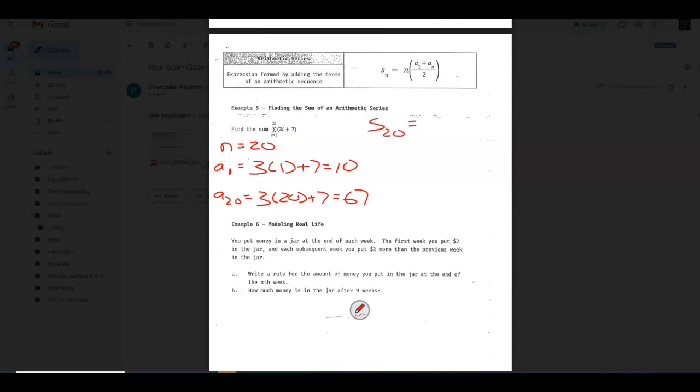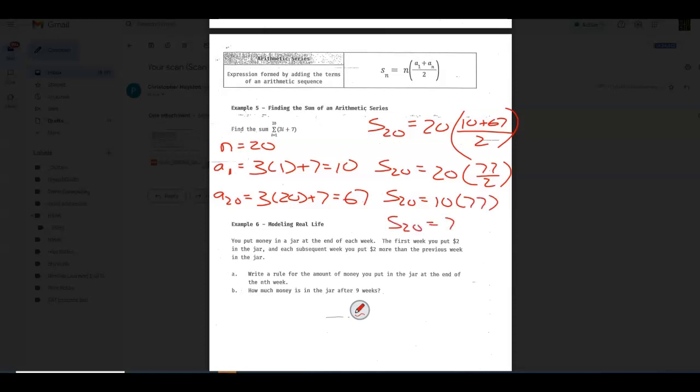The sum of the 20 terms is 20 times 10 plus 67 divided by 2. 20 times 77 divided by 2. 20 divided by 2 is 10, so 10 times 77. This sum is going to be 770. Just plugging into the equation.